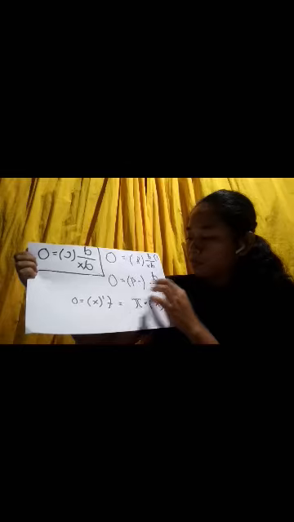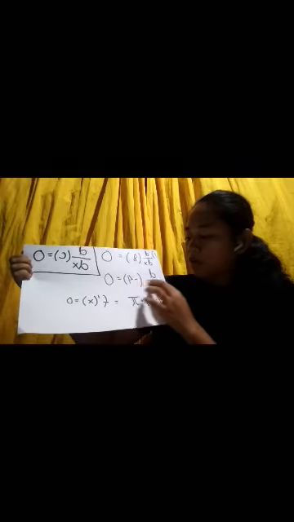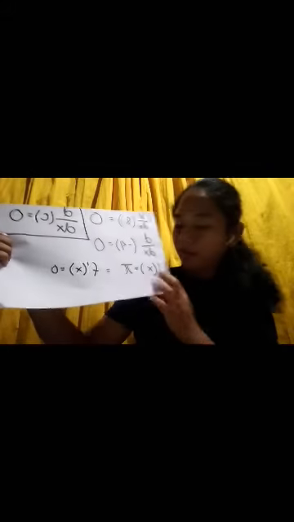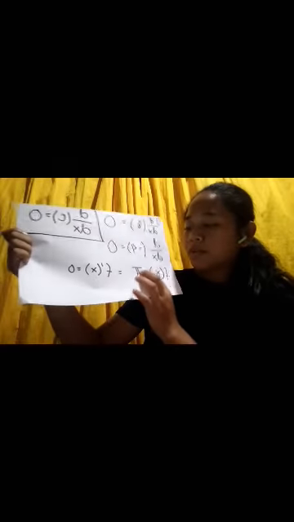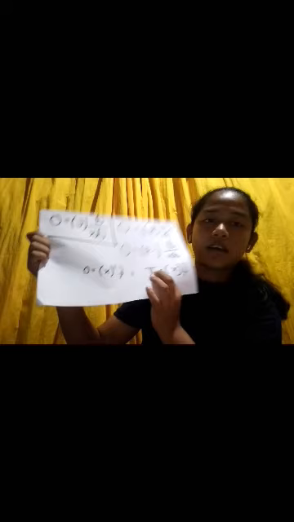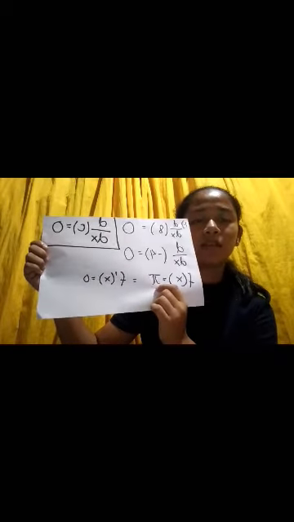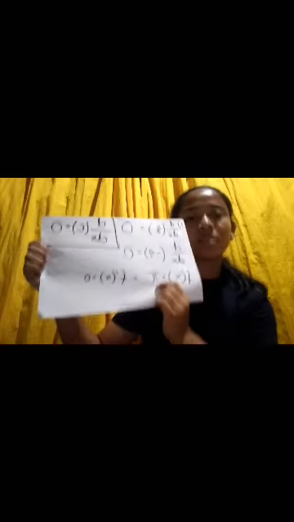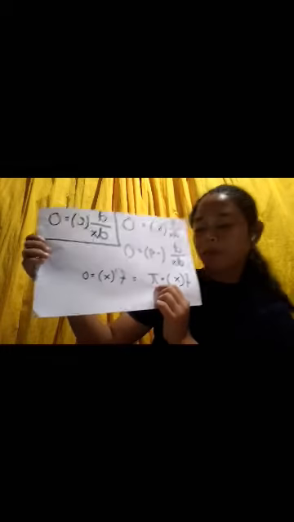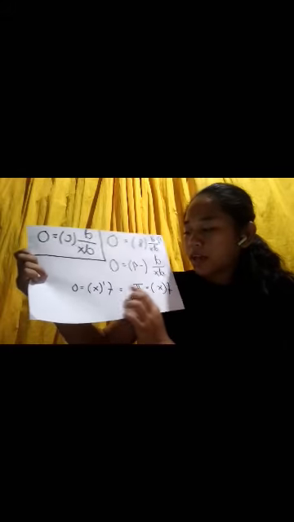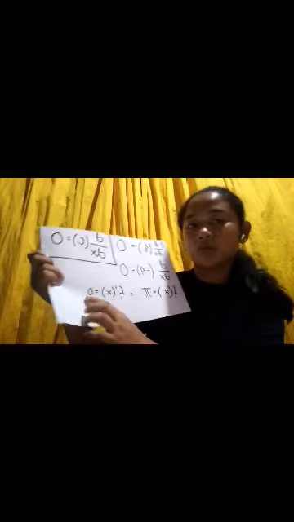Derivative of negative 4 with respect of x is equals to 0. If f(x) is equals to pi, ang pi ay constant dahil may value siya na 3.14 hanggang sa second decimal point. If f(x) is equals to pi, then f'(x) is equals to 0.